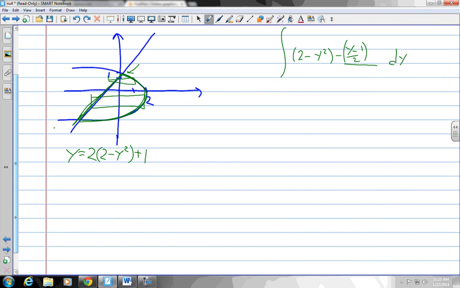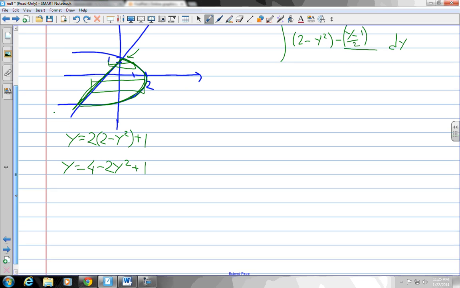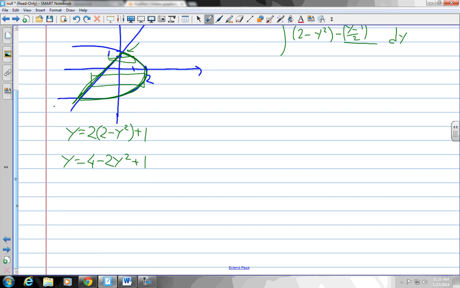So it's not going to be pretty, is it? y equals 4 minus 2y squared plus 1. So when you move everything to one side, 2y squared plus y minus 5 equals 0.